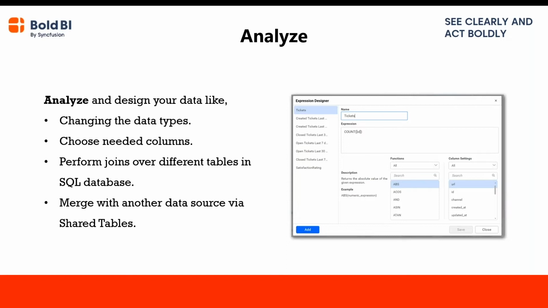Similarly, after selecting the columns, he can perform joins over multiple tables in a single SQL database, and he can also merge with another data source via a feature called shared tables. Shared tables is a feature that provides a way to join different data sources to form a single data source. That is, you can join Salesforce data with Google Analytics or an Excel file that you have.